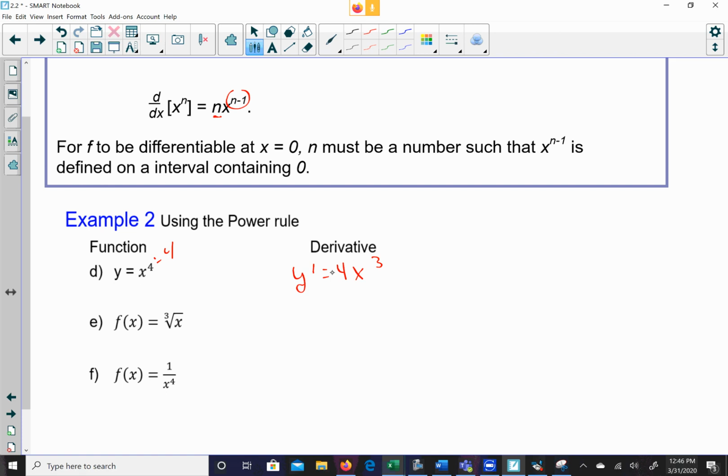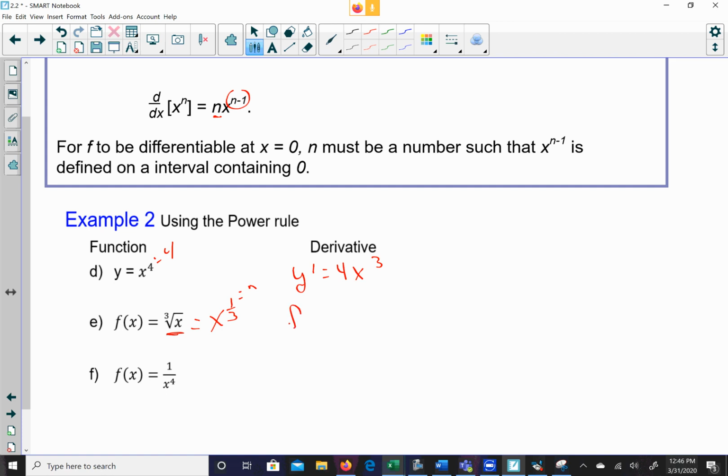That is so much easier than what we've been doing. You don't have to take f of x plus delta x minus f of x, all over delta x, and take the limit as delta x approaches 0. This does all that for you. If I have a radical, I'm going to rewrite the radical as a fractional exponent, so I'm going to write this as x to the 1/3. Then I do the power rule, remembering that my n now is 1/3.